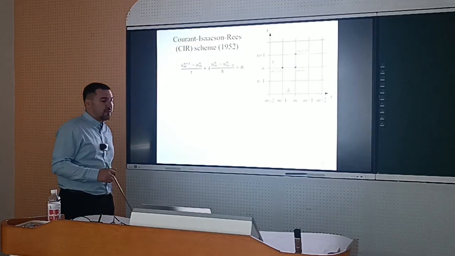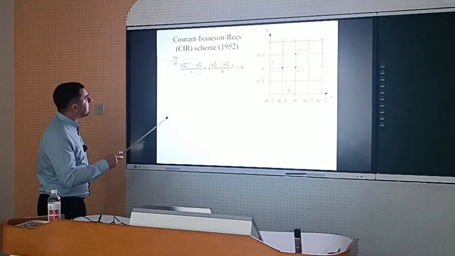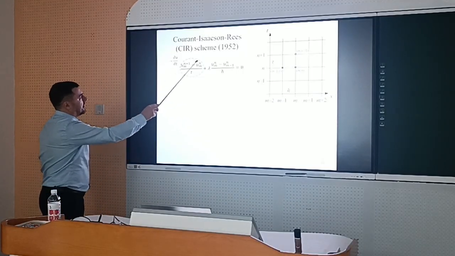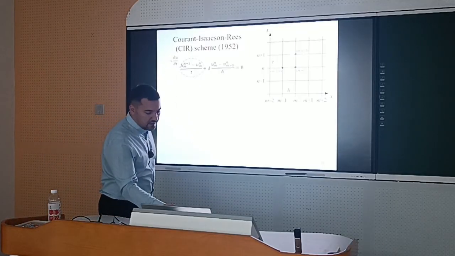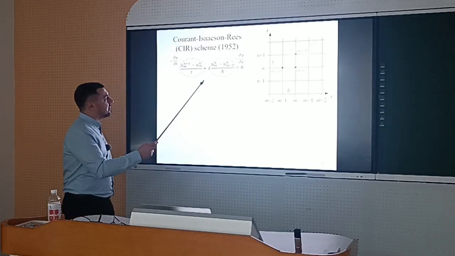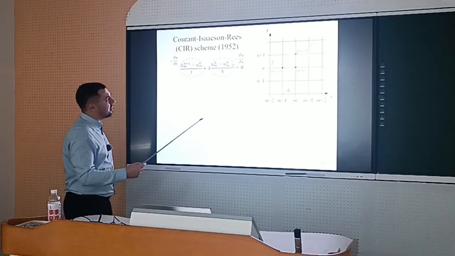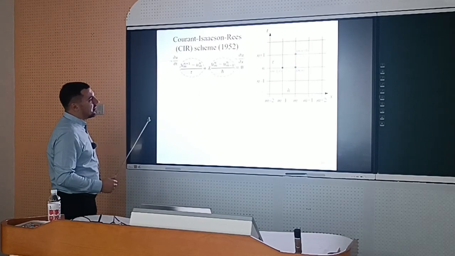And let's start with the substitution of our derivative with respect to time, du over dt, with this explicit Euler scheme. And we also use this explicit formula for the numerical approximation of du over dx.